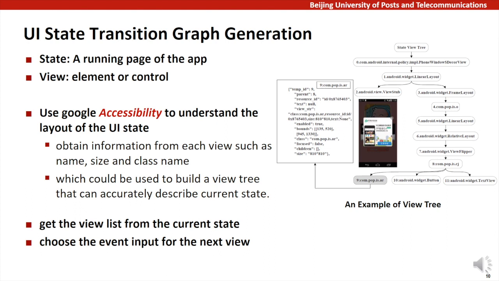We take advantage of accessibility to understand the layout of the UI state and obtain the information from each view, such as the name, state, and the class name. This information can be used to build a view tree that can accurately describe the current state. Our automation technique gets the view list from the current state and chooses the event input for the next view.